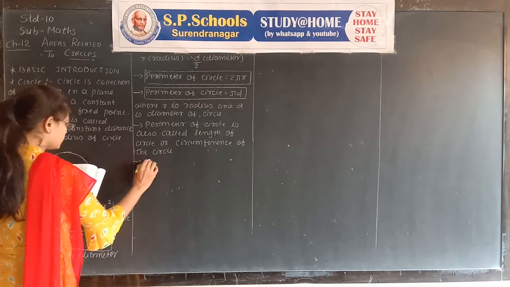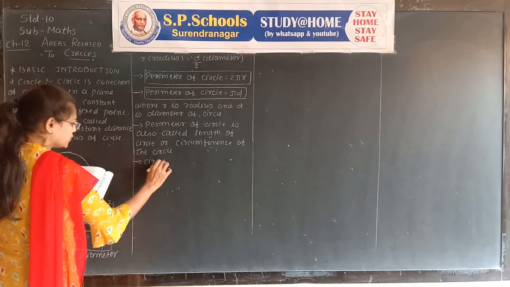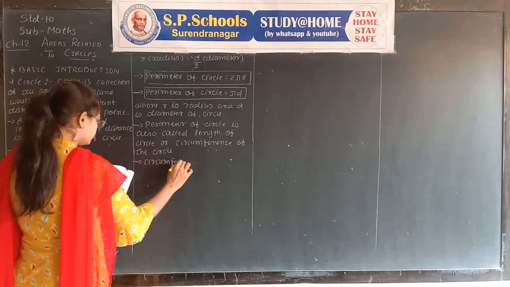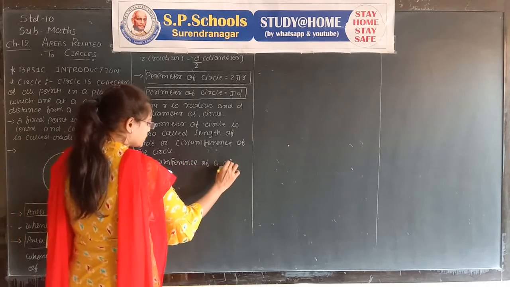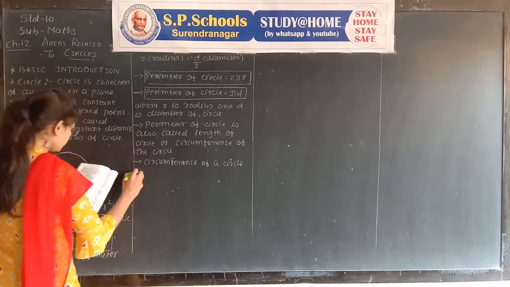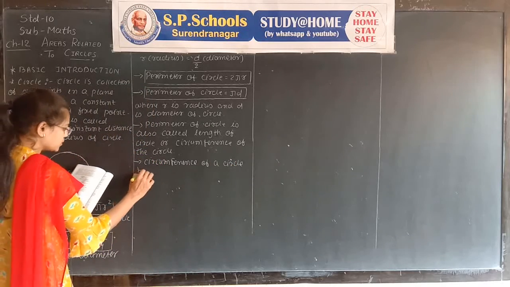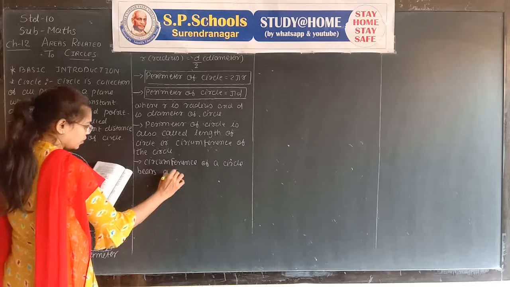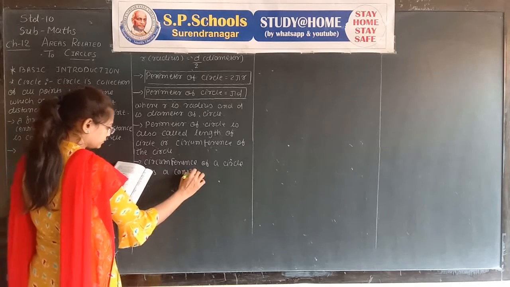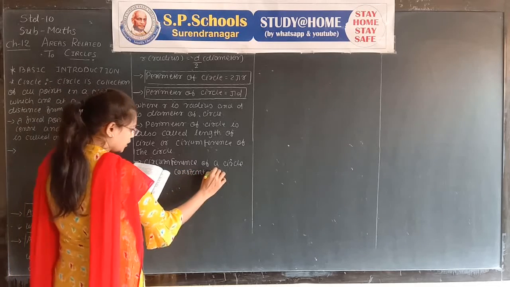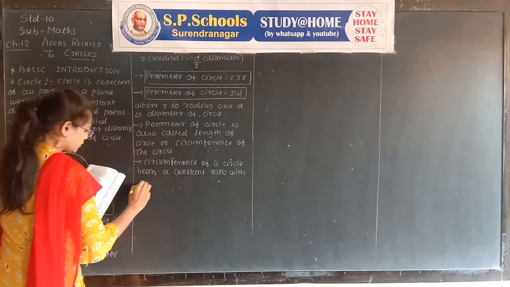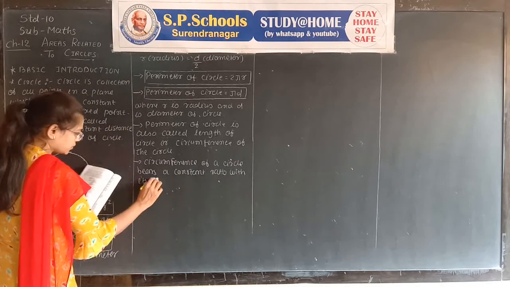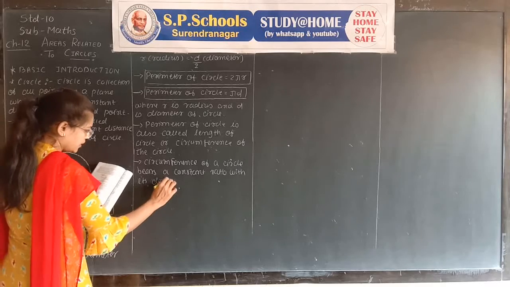Keep in mind, the circumference of a circle bears a constant ratio with its diameter.